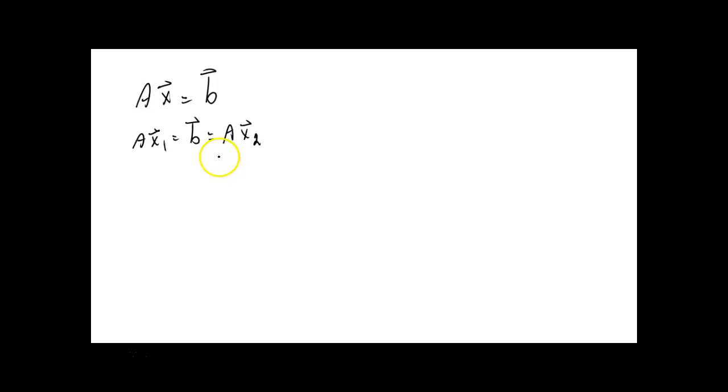Okay? Now, if you subtract this from this side, okay, minus Ax2, okay, then this goes away, and this says that A times x1 minus x2, okay, is equal to 0, okay, because you subtracted it from both sides of the equation, okay?